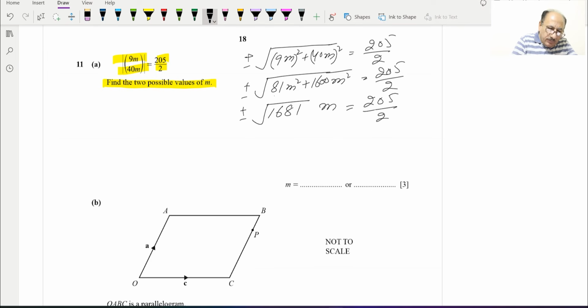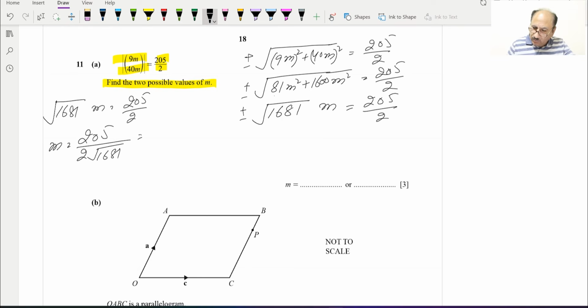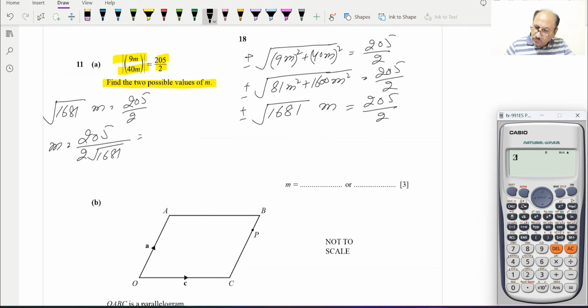Now if we take the plus value, the equation will become root of 1681 m is equal to 205 over 2, and m will be equal to 205 over 2 root of 1681, and this is equal to 2.5.